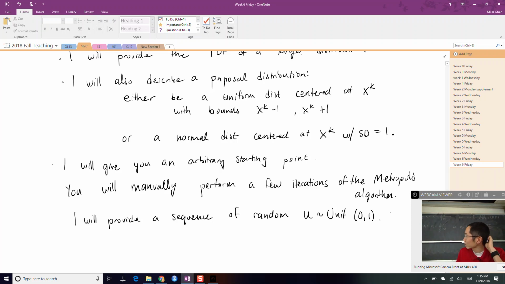I don't know how much I want to say. So for the proposal distribution, you will use inverse CDF to get your proposed values.